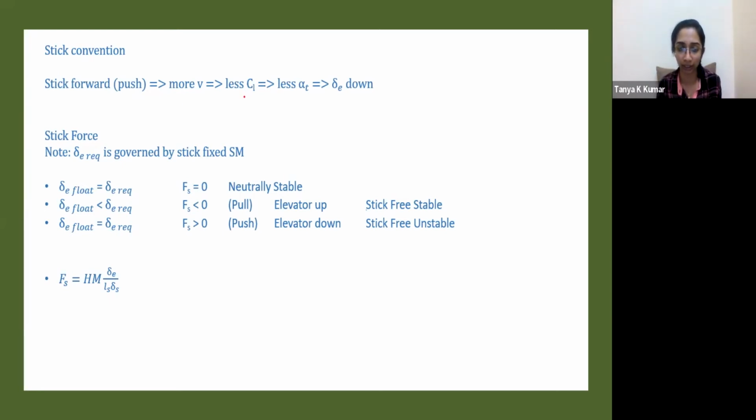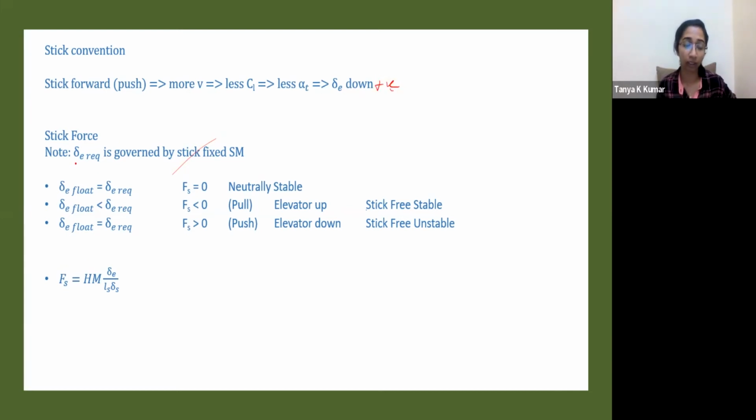So you need to reduce your CL. How do you get less CL? You reduce your angle of attack. How do you reduce your angle of attack? You deflect your elevator down. So pushing your stick forward corresponds to deflection of elevator down, and the reverse: pulling your stick back corresponds to deflection of elevator up. Delta E down is positive.